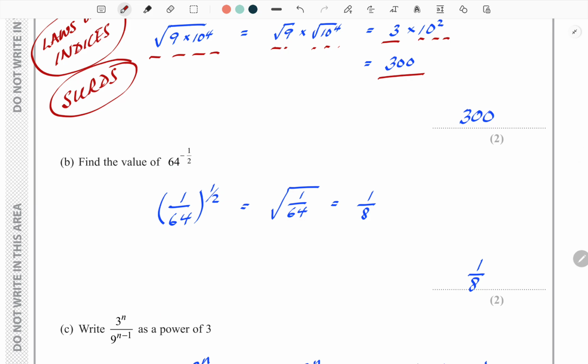A negative power means you flip the number upside down. It actually means reciprocal. Before I get people leaving comments about me making up rules, it's called the reciprocal. So in other words, if I have 2 to the power minus 1, it means 1 over 2.